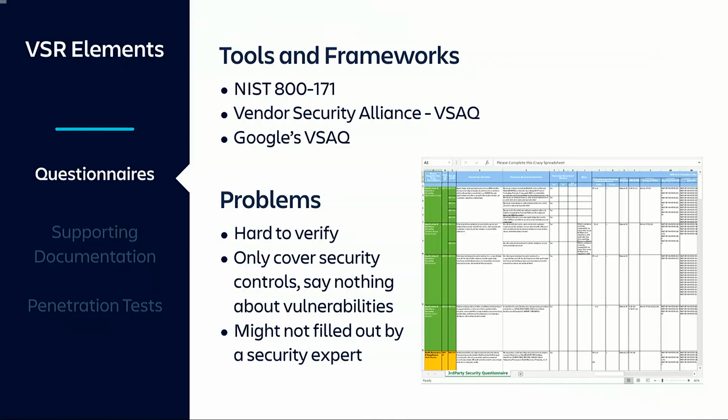But even aside from that, security questionnaires only tell you what security mechanisms and controls are in place, but they don't tell you very much about what vulnerabilities are currently present in the system. And that's just by nature. You can't really ask whether there is remote code execution in your application.